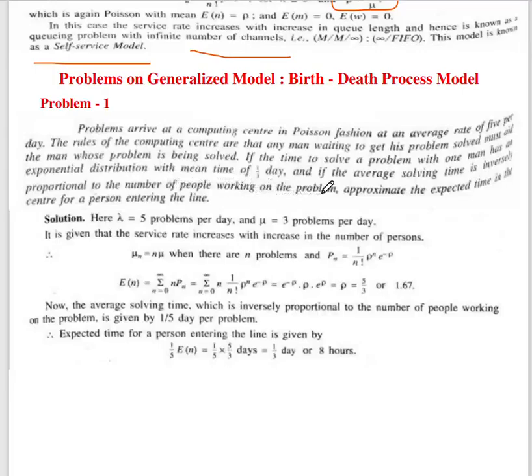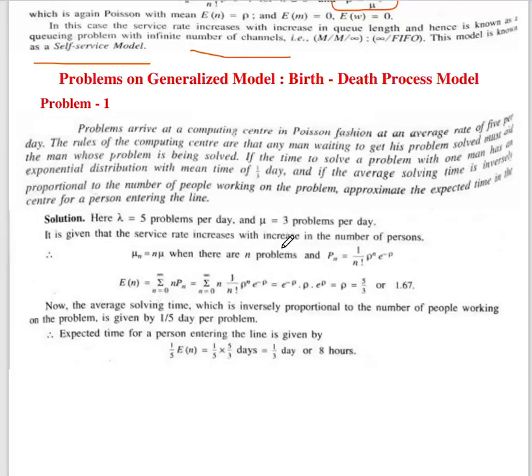If the time to solve a problem with one man has an exponential distribution with a mean time of 1 by 3 day, and if the average solving time is inversely proportional to the number of people working on the problem, approximate the expected time in the center for a person entering the line. Okay, so this is one example on a generalized model.